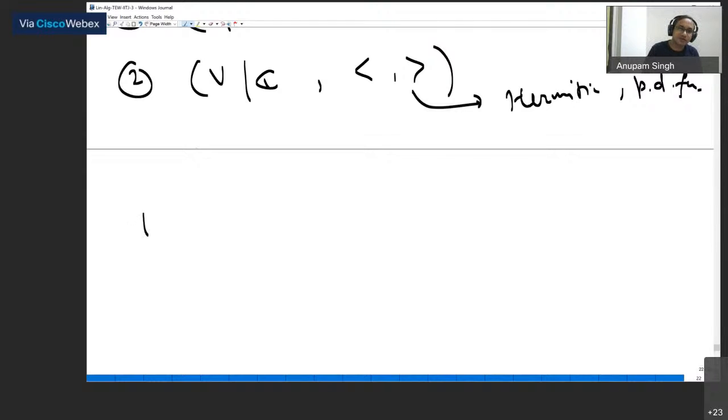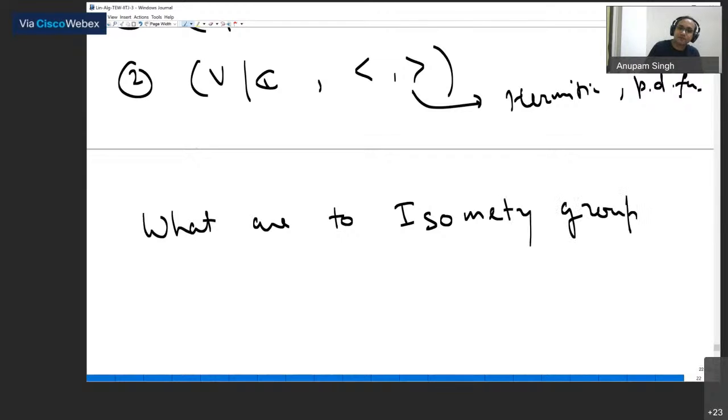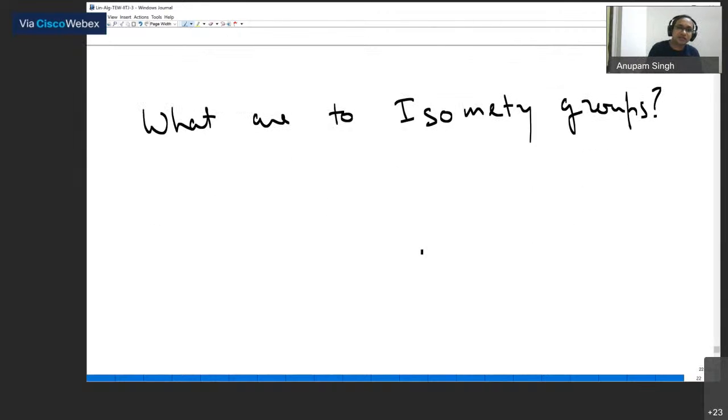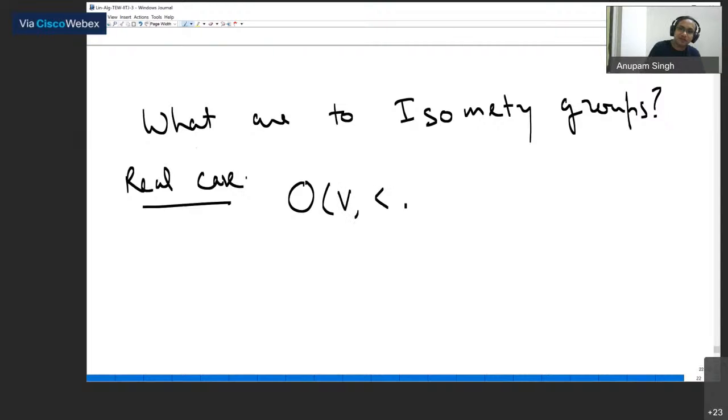So, what are the isometry groups? Okay. When we are thinking of the real case, the isometry group is O, and in the real case, instead of writing O(V) with respect to this form as earlier, it is simply denoted O_n in classical notation.